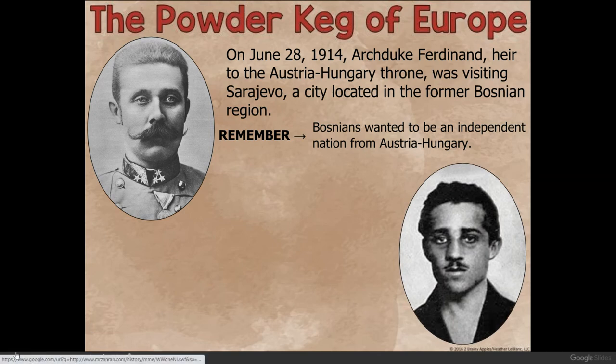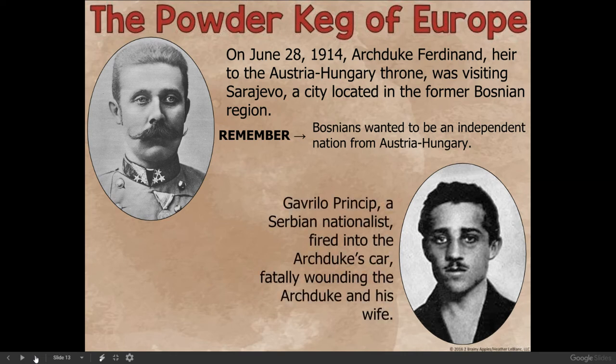So there was a guy by the name of Gavrilo Princip, and he was part of a nationalist, extremist group called the Black Hand. And he fired a shot into the car of Archduke Franz Ferdinand. An Archduke means that he's royalty.